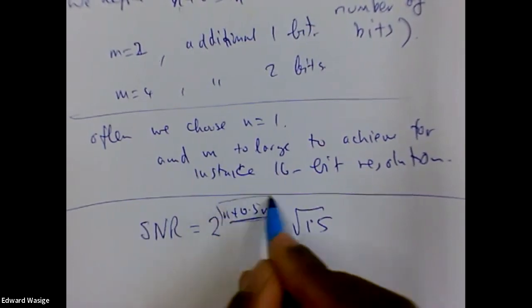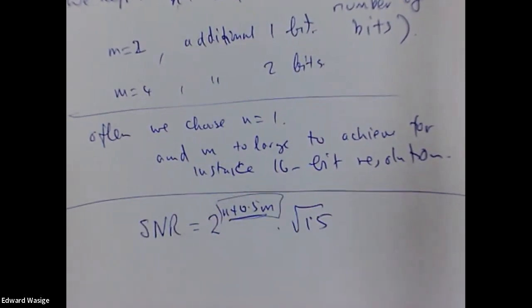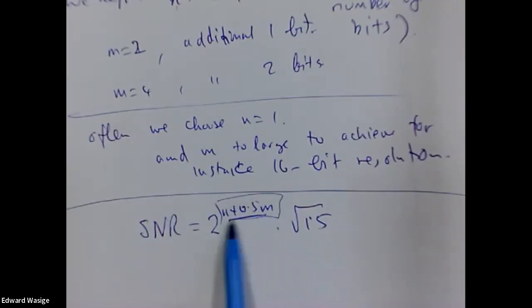So we know n is the number of bits. By oversampling, what the math tells us is that we can generate new bits, and that expression gives us the actual numbers. So if you do it in decibels, you also get the same thing.